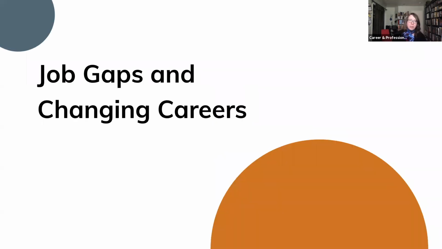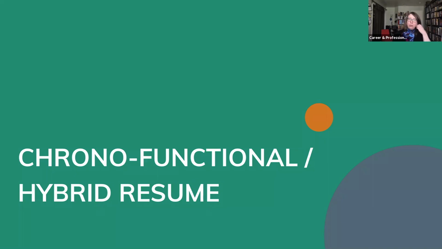And now I'm going to talk just a little bit about job gaps and changing careers. Both of these situations are where the chronological record of your employment doesn't tell the whole story or the right story for your employment. And so one key tool that we have for those situations is the chronofunctional or hybrid resume.